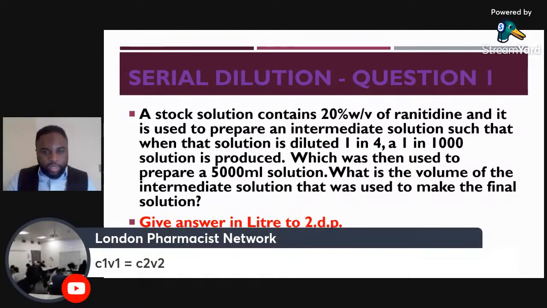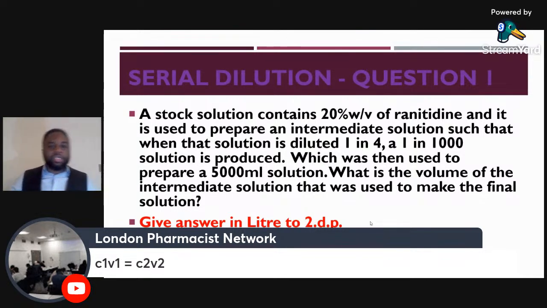I'm going to share some quick hints. The second thing I need you to write is: intermediate concentration is equal to final concentration times dilution factor. Just write it, I'll explain what that means. Some people call the intermediate concentration the initial concentration.